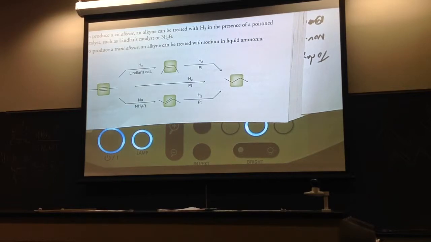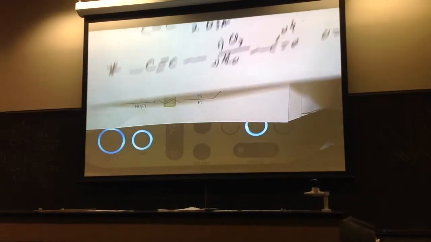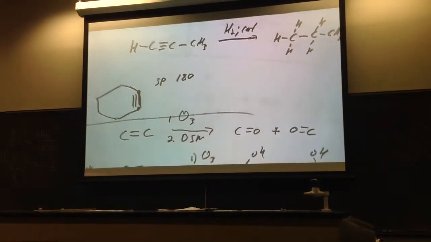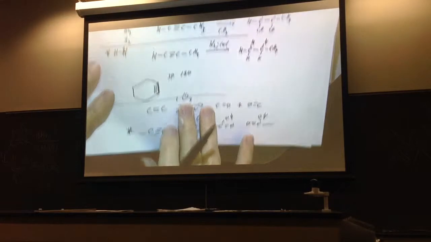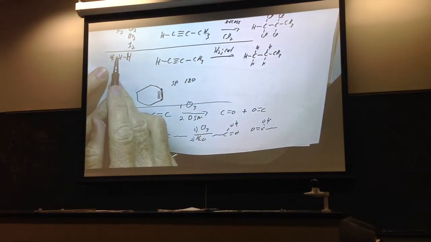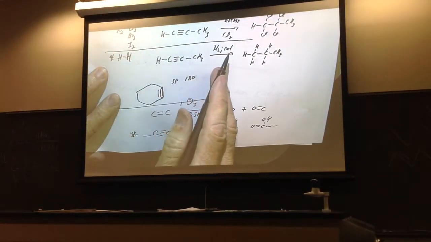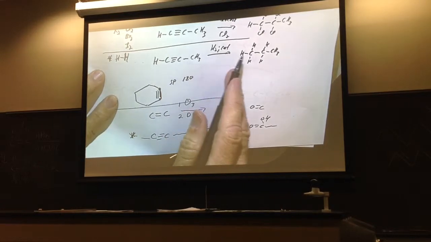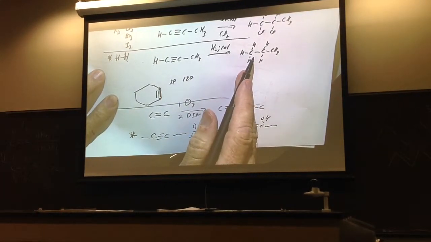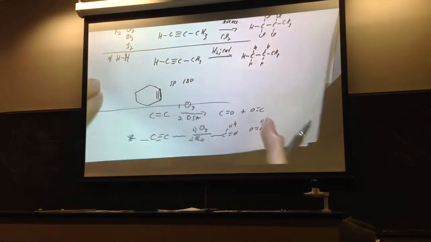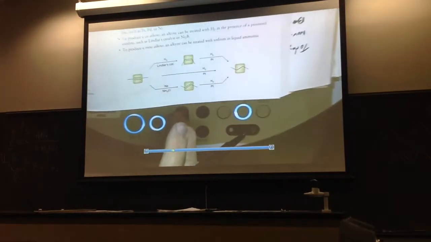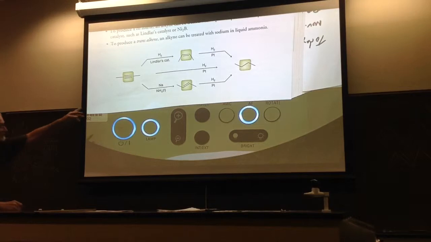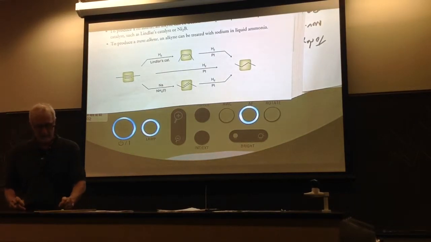Okay, so that takes care of adding hydrogen gas. Okay, let's start next to that guy, because you can add hydrogen gas and a catalyst and you will get an alkane, but there's some extra reactions here, and that's what we're talking about now. You can stop it at the alkene stage, okay?